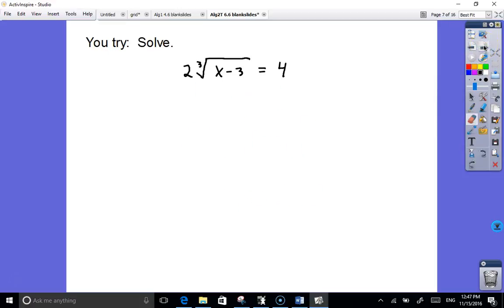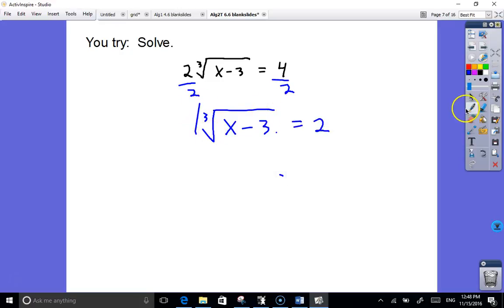So try that one. What did you do to isolate? Divide by 2. So now we've got the cube root of x minus 3 equals 2. How do you undo a cube root? Again, you cube it.